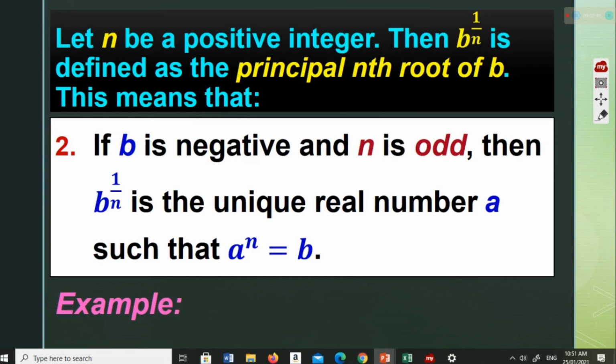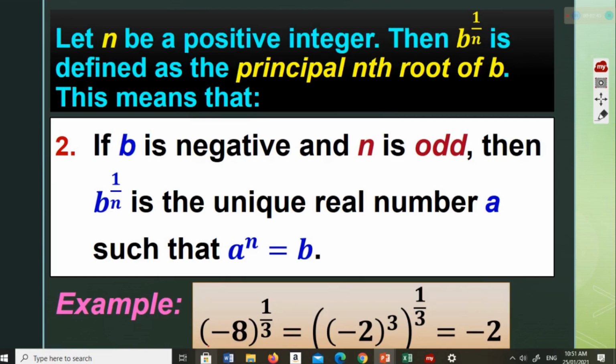So, in here, yung base ay negative, unlike kanina, number 1, positive. Ang base ay negative at ang value ng n ay odd. Saan ba makikita yung n? Doon po sa rational exponent, 1 over n. Odd, so 3. Therefore, there is a unique real number a na magsasatisfy dito po sa ating given.